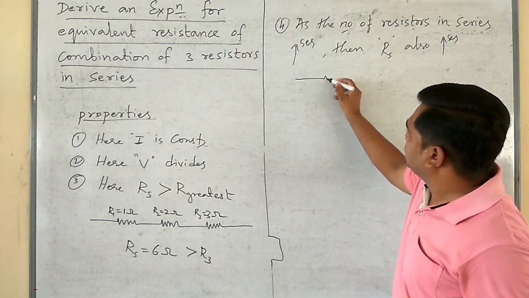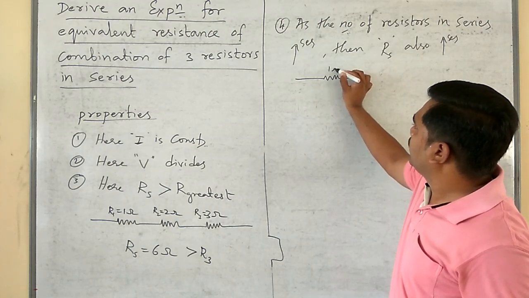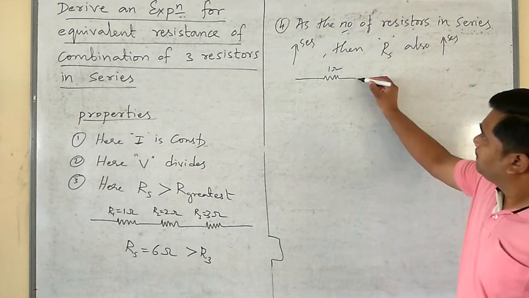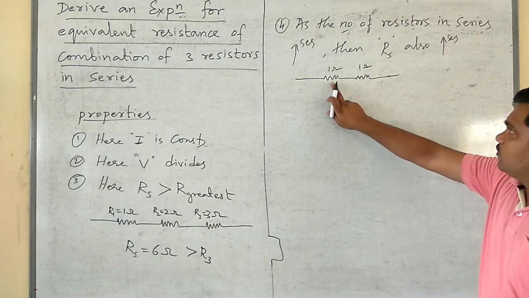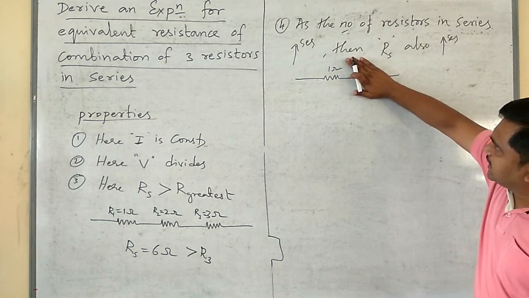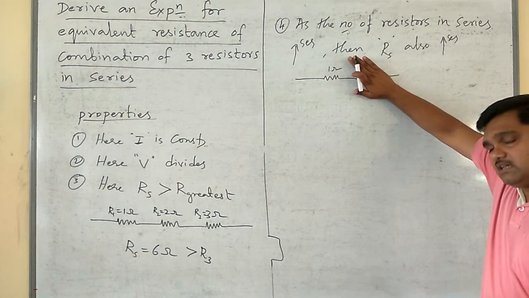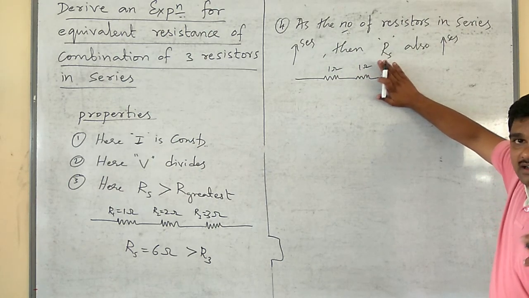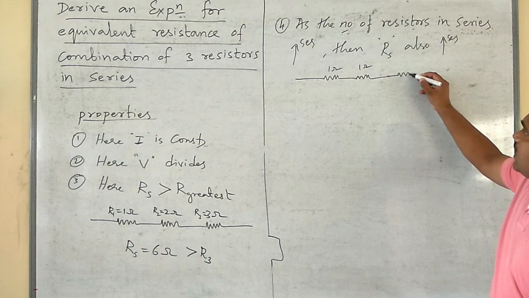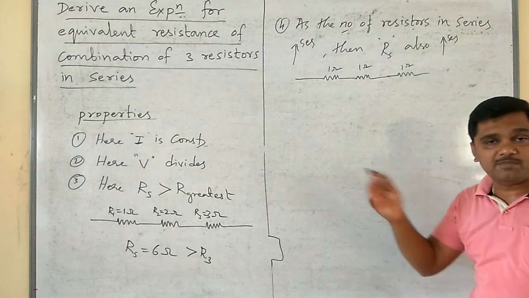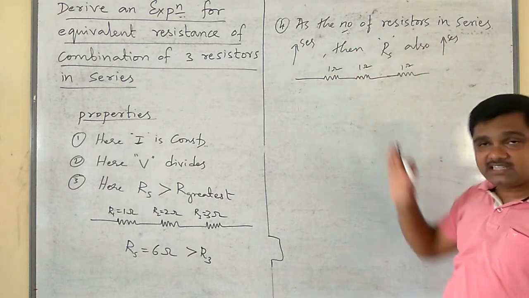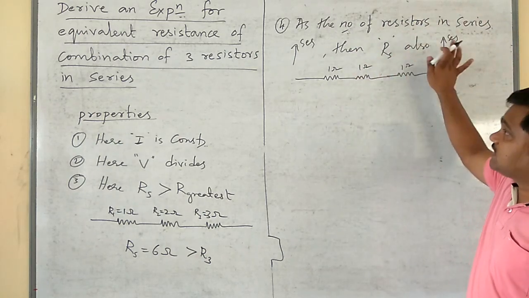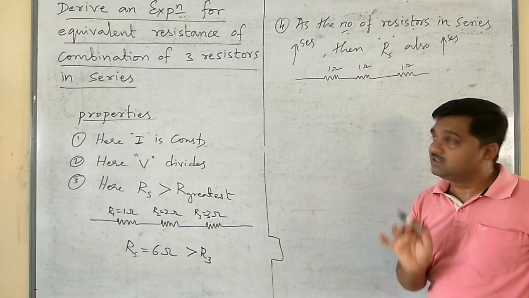I will give you one example. Here 1 ohm, 1 ohm. So in case of only one resistor, what is Rs? 1. Here 1 plus 1, 2. If I add one more resistor, then it becomes 3. Like that. As the number of resistors in series increases, then Rs also increases.